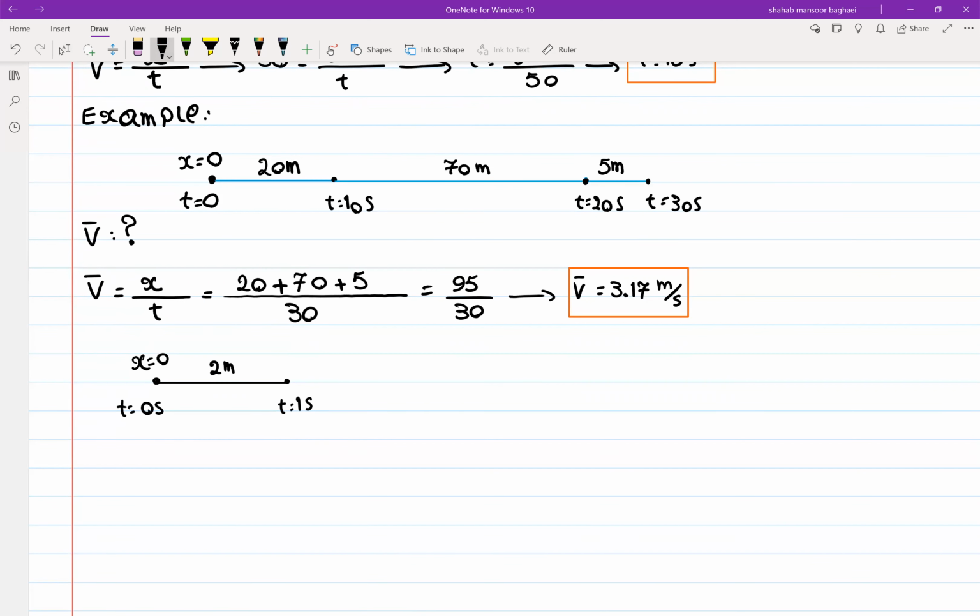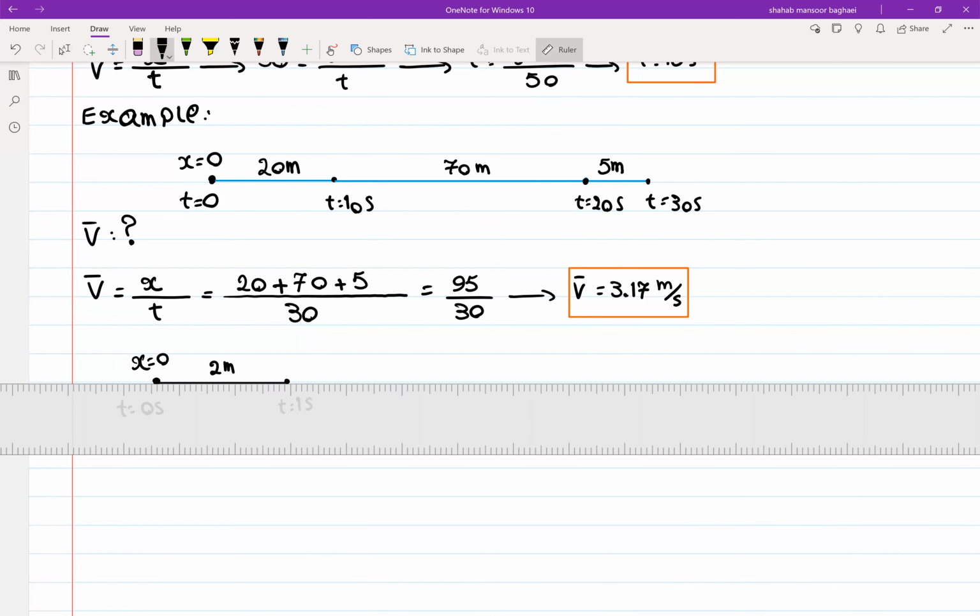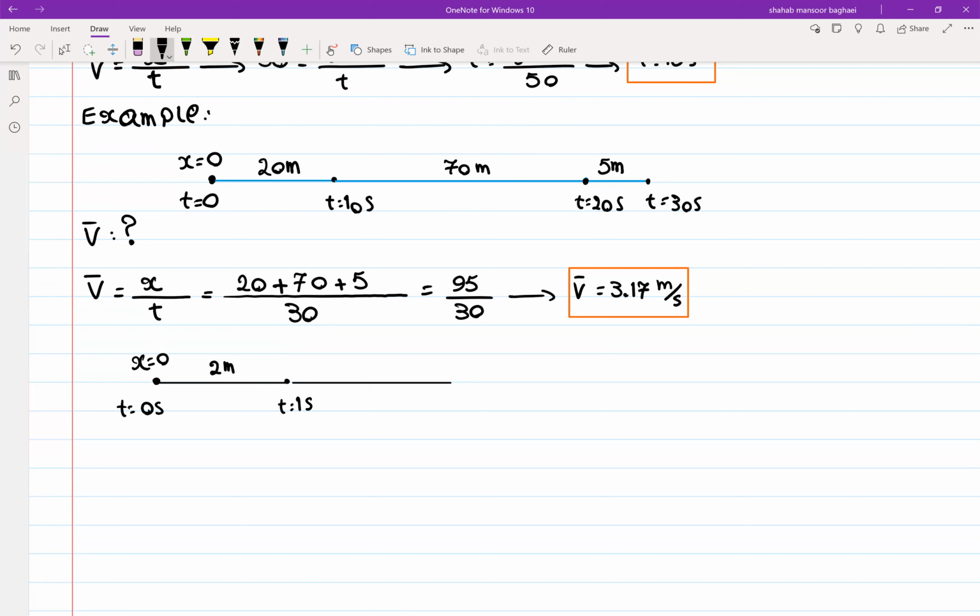It means it travels 2 meters in 1 second. For the second time interval, imagine here, between t equals 1 and t equals 2 seconds, for only this time interval, it is 3 meters.